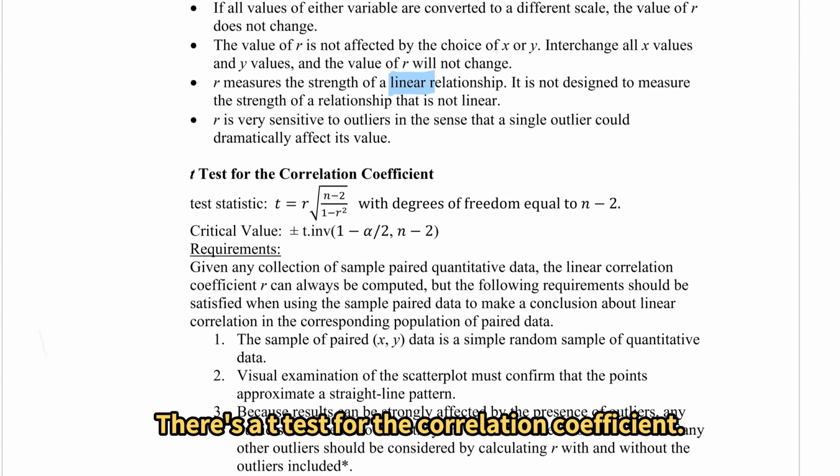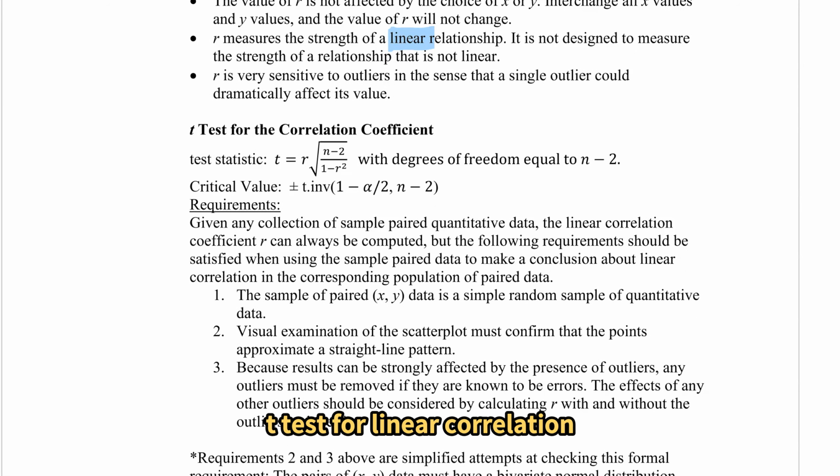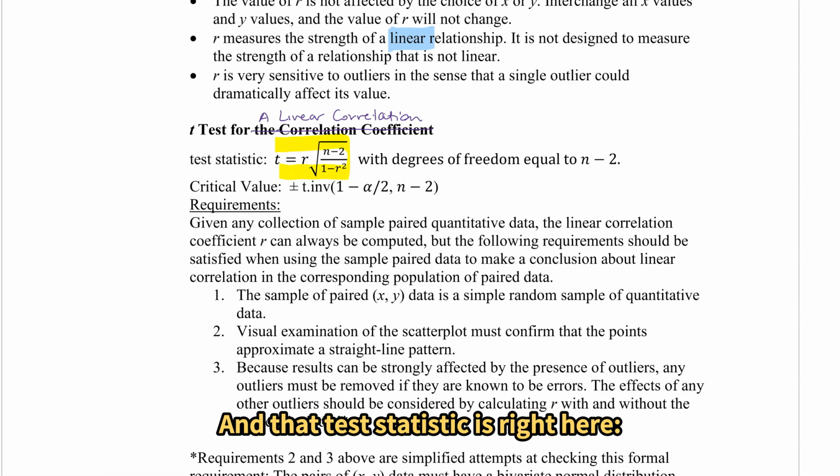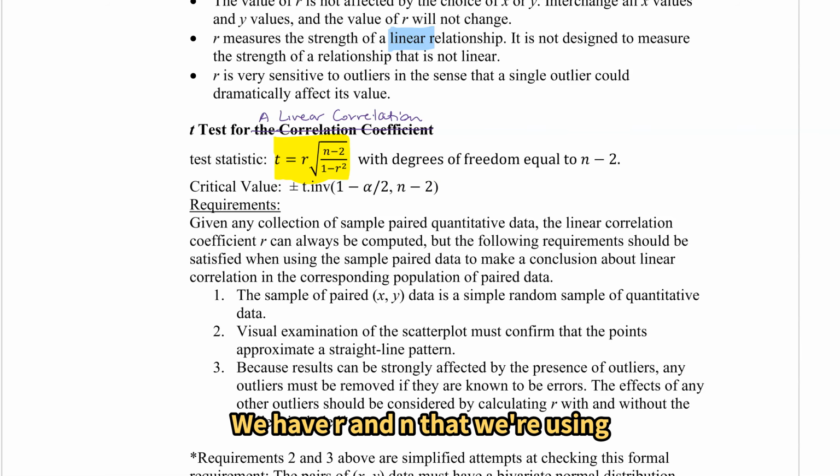There is a t-test for the correlation coefficient. A t-test for a linear correlation. We're going to make that change right now. And that test statistic is right here. T equals R times the square root of n minus 2 divided by 1 minus R squared. We have R and n that we're using.